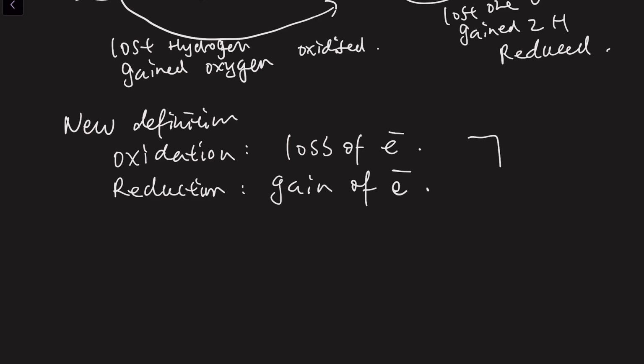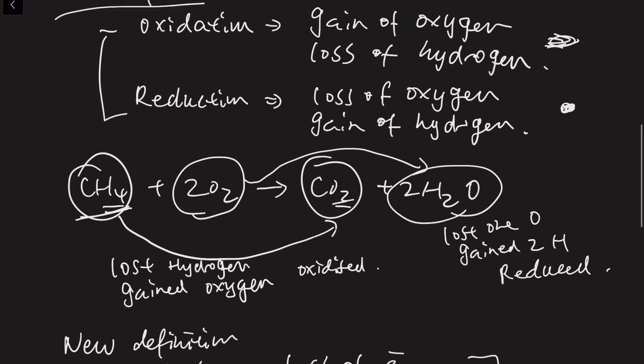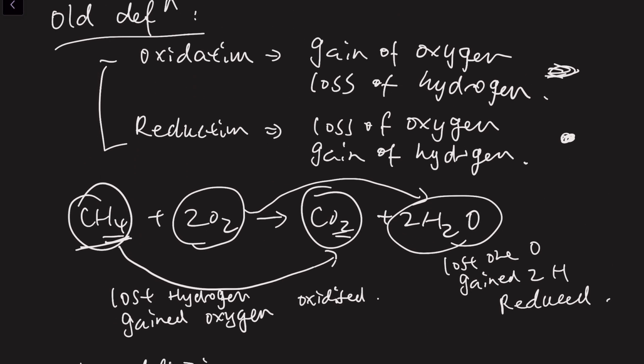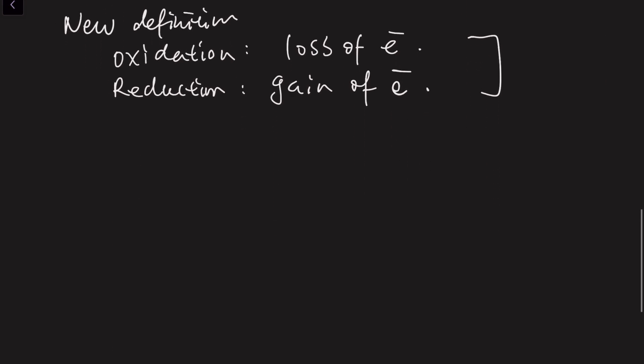And this is true everywhere. Even for this combustion reaction, after we learned about how to write half equations and rules regarding oxidation numbers, you can see there's actually transference of electrons going on. So a very important definition which you need to remember.